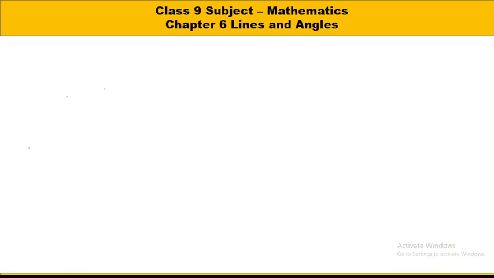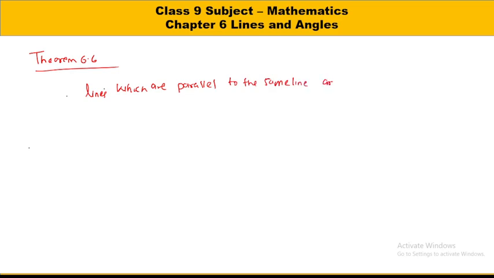Moving further now to theorem 6.6. Theorem 6.6 says that lines which are parallel to the same line are parallel to each other.